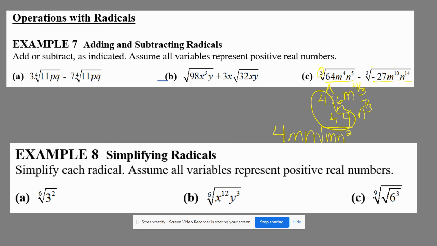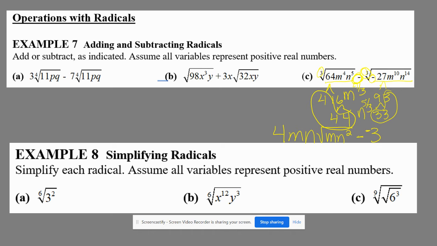I want to do the same thing for this next one, the third root of negative 27. Because it's an odd root, a third root, I'm allowed to have a negative underneath there. 27, we have 9 times 3. 9 is 3 times 3. So I have a group of 3 3s. It was negative. So we're pulling out negative 3.